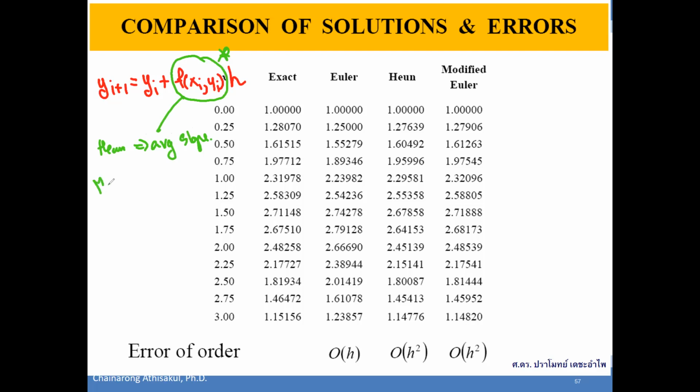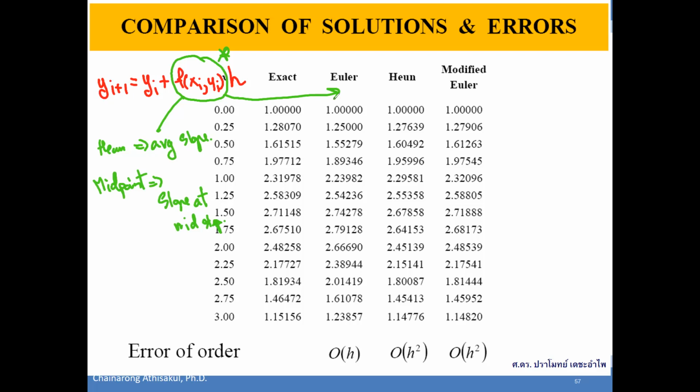And for the midpoint, the change is to be the slope at mid-step, right? So the key idea of this technique is to change this function to be a better one.